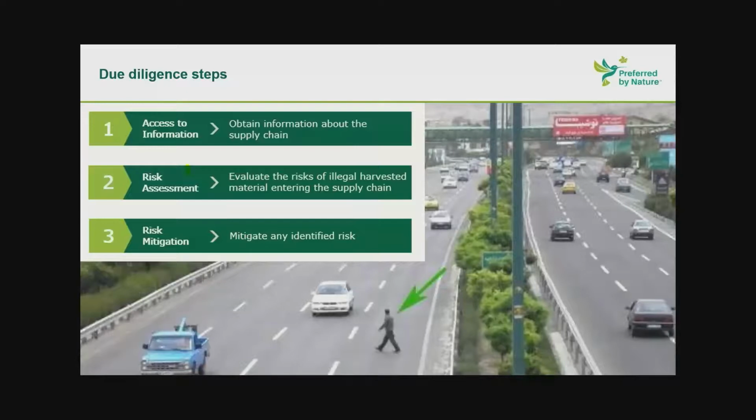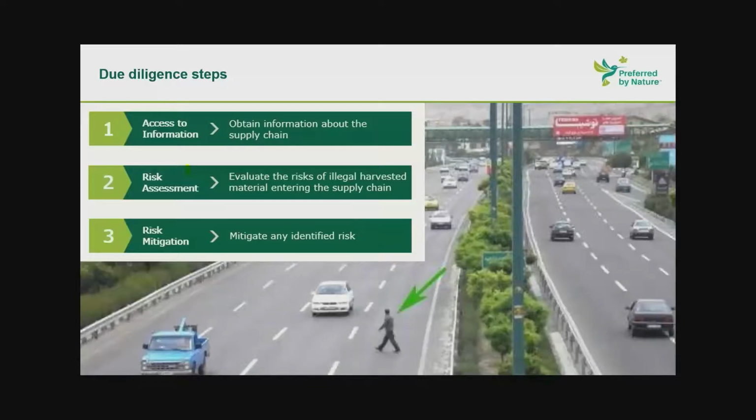Access to information: you obtain information from your supplier or their supplier or the forest level about the shipment or the things that you are trying to import. Risk assessment: you evaluate the risk of it being illegally harvested, or of any of the legislations being violated or broken. And then you have to mitigate it by taking actions that lessen the risk.